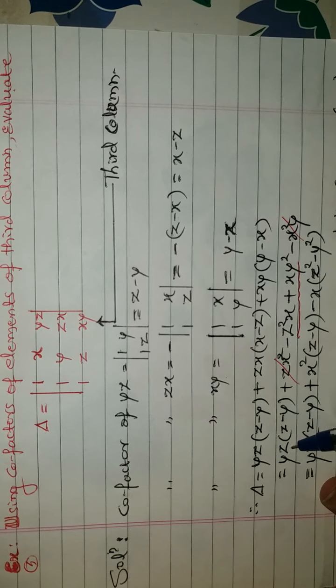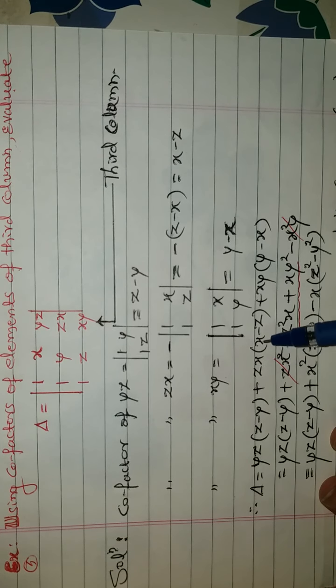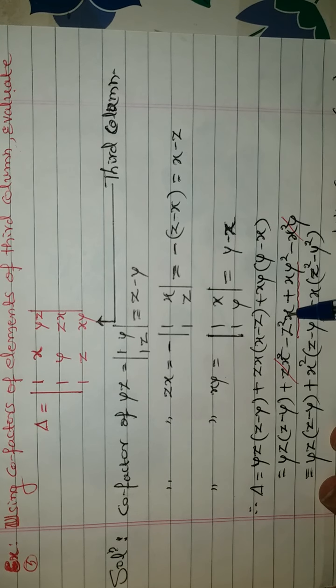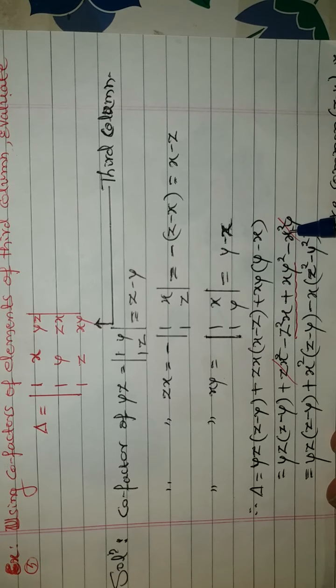Then yz into z minus y, keep as it is, plus zx into x, which is zx square, minus, plus into minus is minus, zx into z, z square x, plus xy into y, xy square, plus into minus is minus, xy into x, x square y.